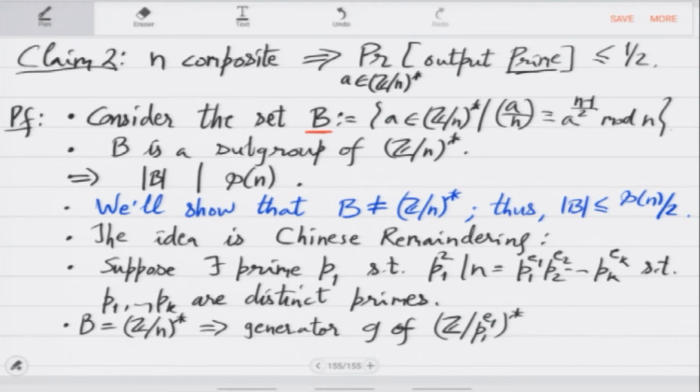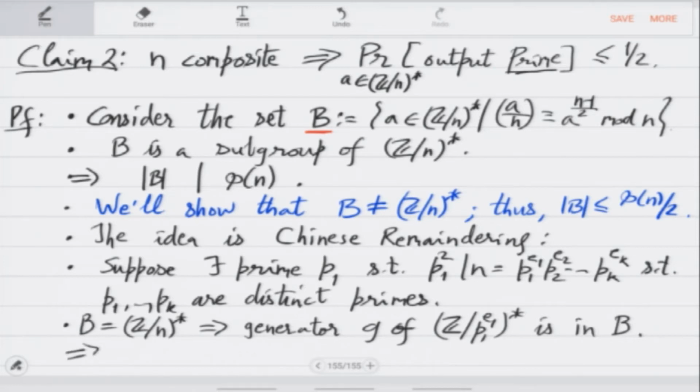So for a generator G also, this Jacobi test, Solovay-Strassen test passes, right? That is what we are assuming. This is also in B.